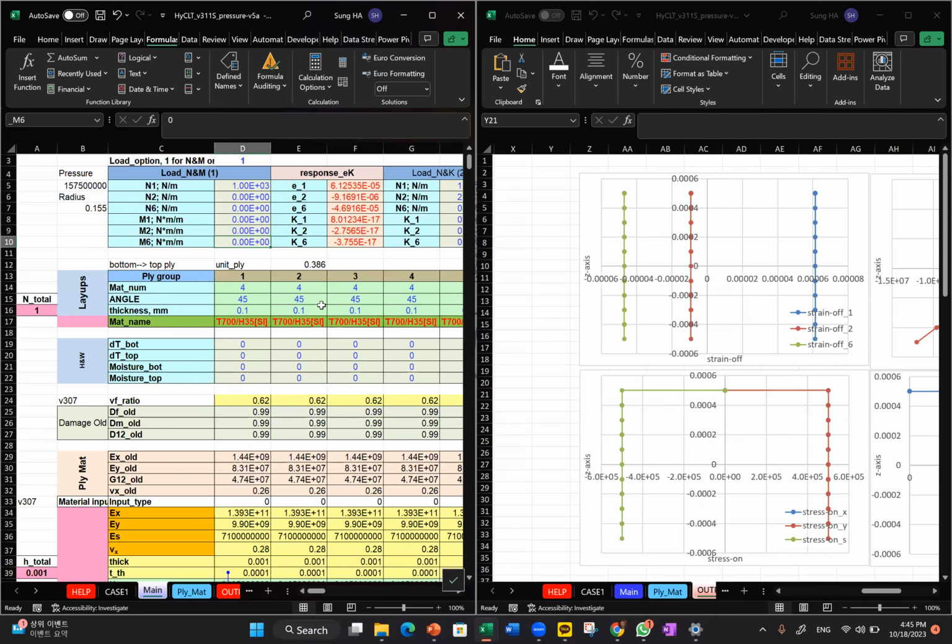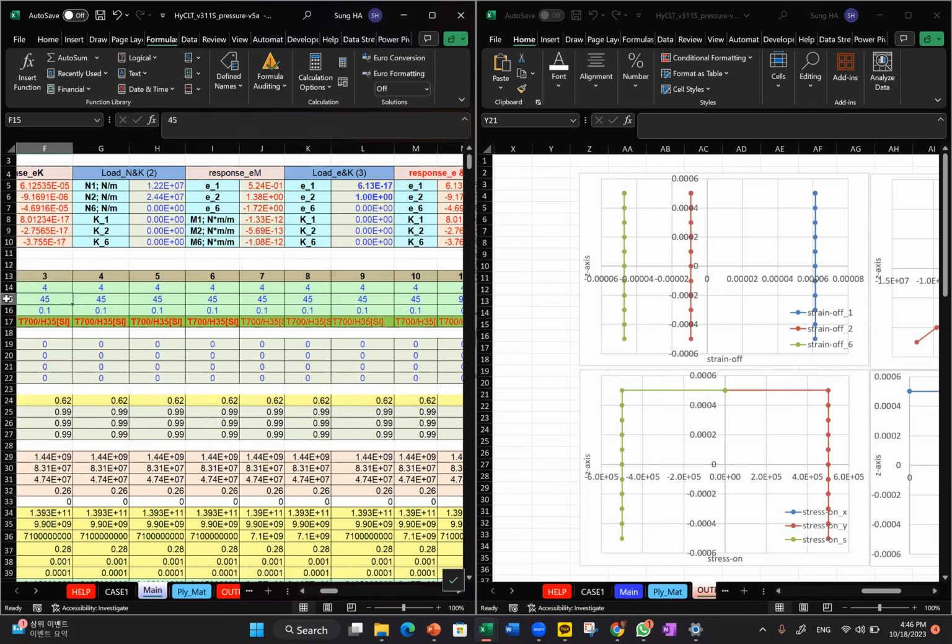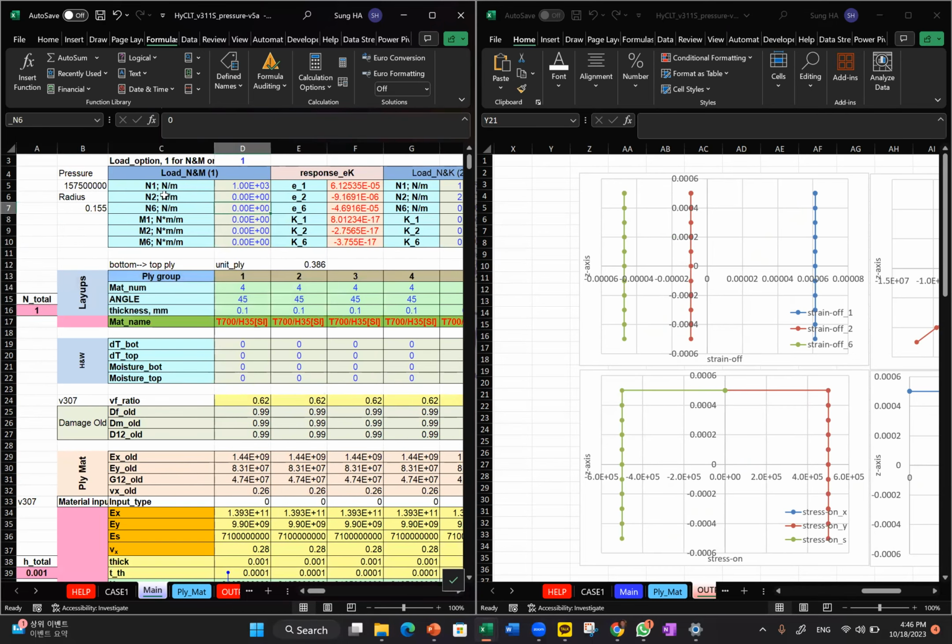Imagine that we have 45 plies, all the way up to 10 plies. Now under N1, a very important point is that we will have a strain in the one direction and the two direction as a Poisson contraction, but we also have a shear strain, even under tension load. That's a very important behavior of this angle.